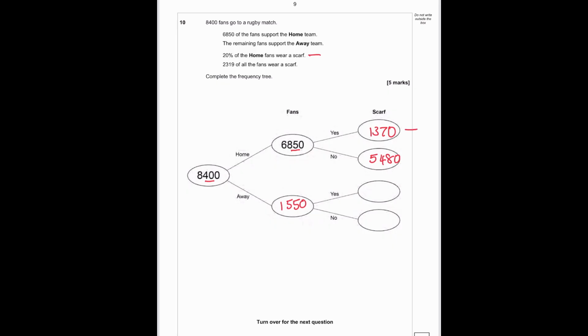So we've already got this. So 2,319 take away 1,370 leaves me with 949 wearing a scarf here. And we take that away from 1,550 and we're left with 601.